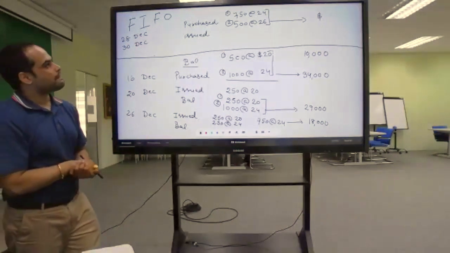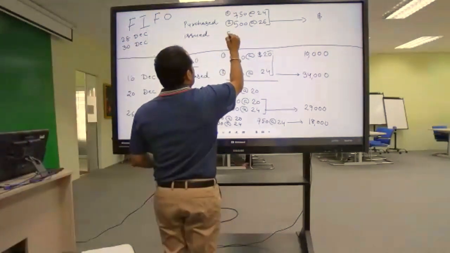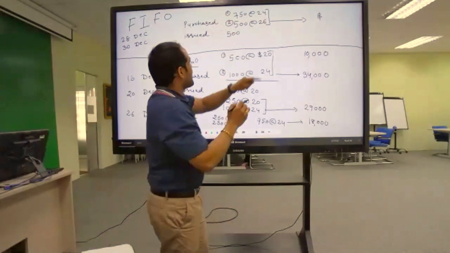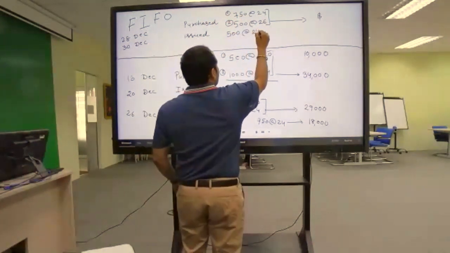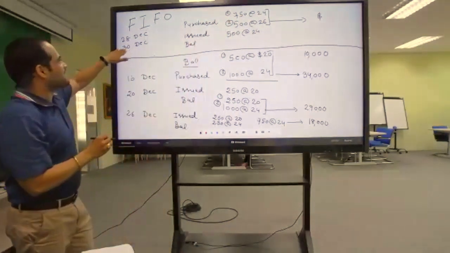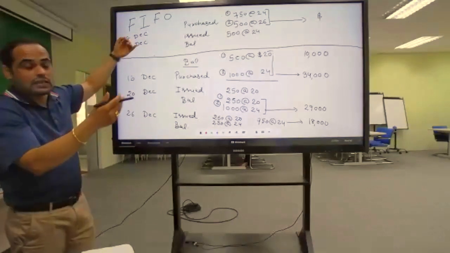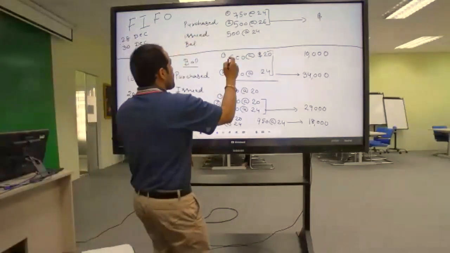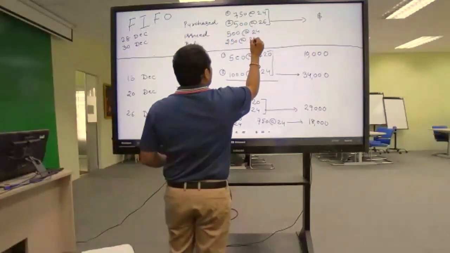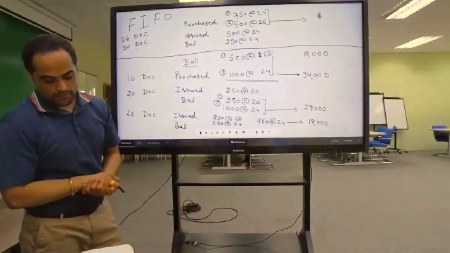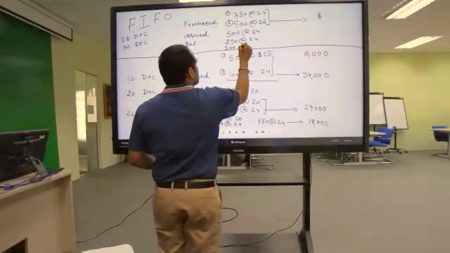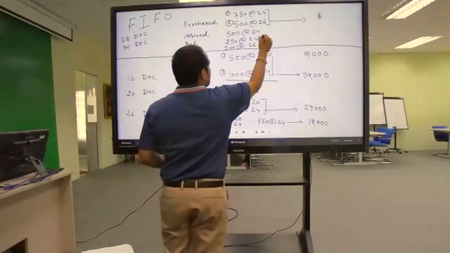So we use number one first, at this price, at 24. So what will be the balance at the end of 30th December or 31st December? The balance will be 250 at 24 and 500 at 26.